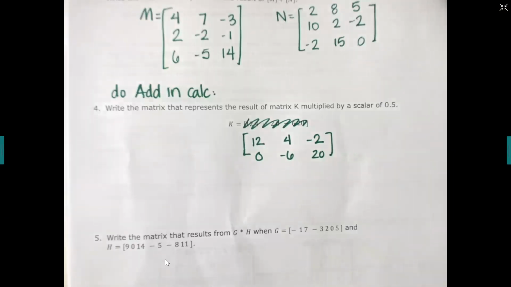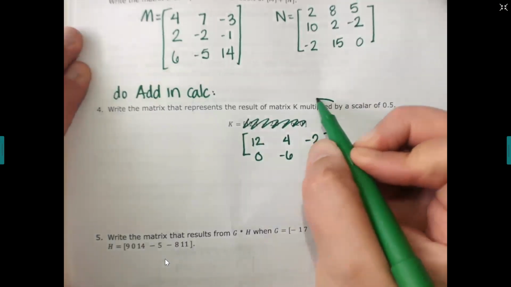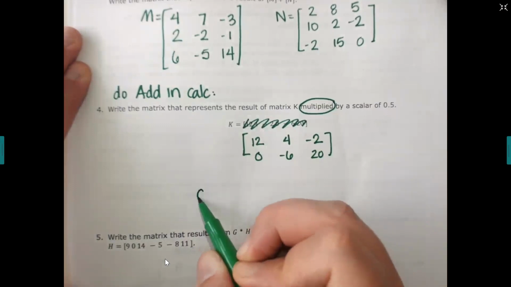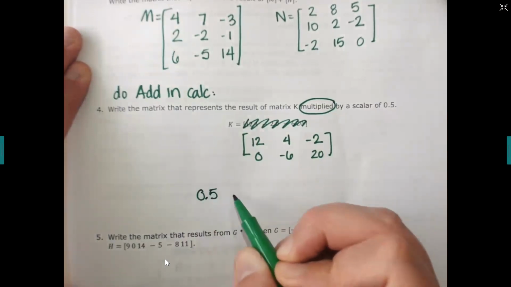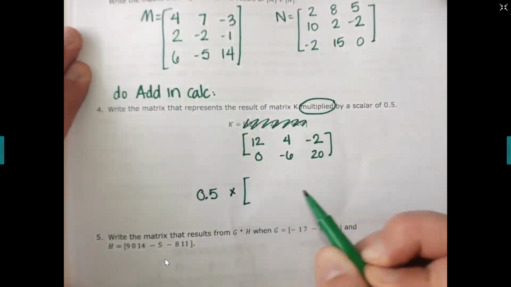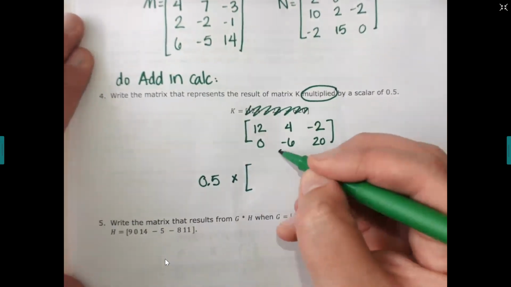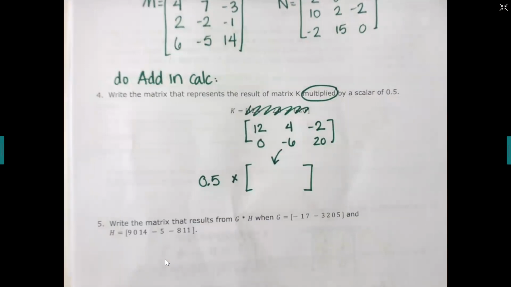So last time we were adding, this time we're gonna multiply by 0.5. So you're gonna put 0.5 times the matrix in your calculator. But remember, now that you know how to do it in the calculator, you don't have to do any of these by hand. So let me show you how to do that.